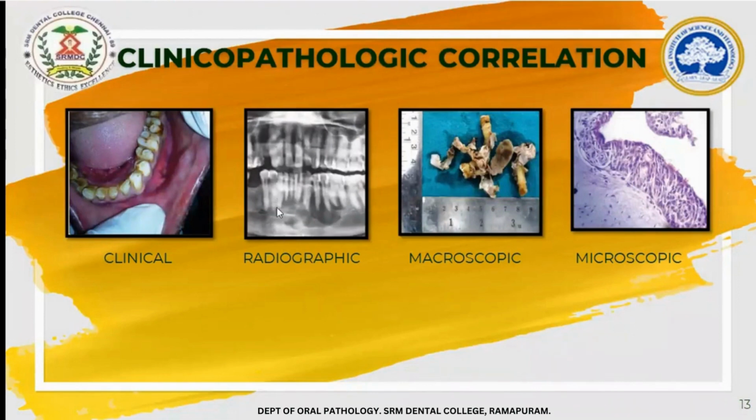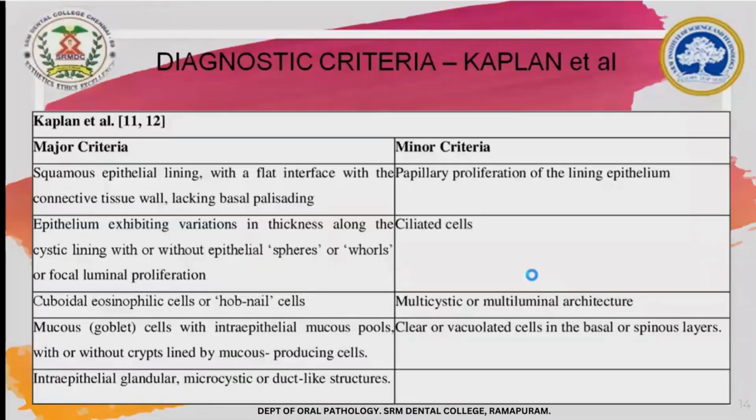Radiographically, unilocular or multilocular, well-defined radiolucency. And in histopathology, you see varying epithelial thickness with hobnail cells, ciliated or papillary superficial cells, flat interface, and intraepithelial microcysts, with glandular features positive for PAS.